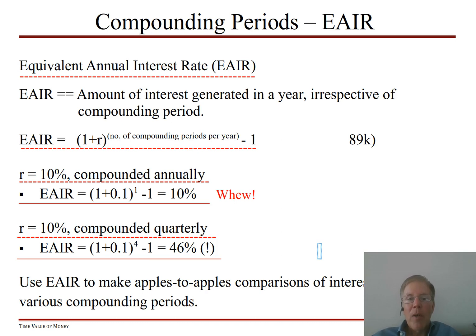So how many compounding periods are there in a year? 4. So raised to the 4, minus 1, is 46%. Okay, so that's a lot, and that's the equivalent annual compound interest rate that Mr. Small Net Worth would be getting himself into if he took the Big Shark loan. So that's not so good, all right?